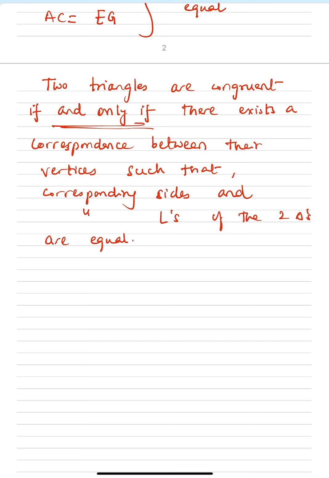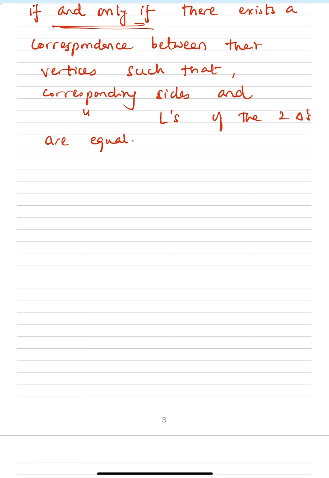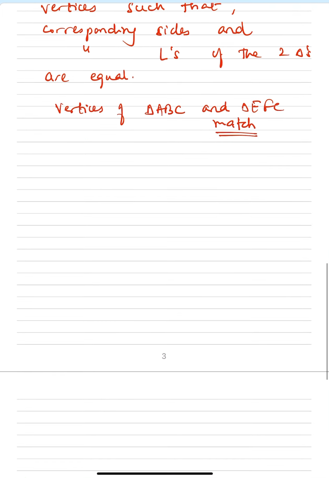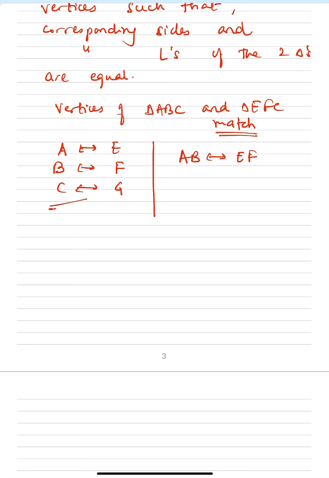It means there is a correspondence between the corresponding sides. Meaning of this is what? See, suppose the vertices of triangle ABC and triangle EFG are matching. Then what is the correspondence? A corresponds to E, B corresponds to F, C corresponds to G. These are the angles.